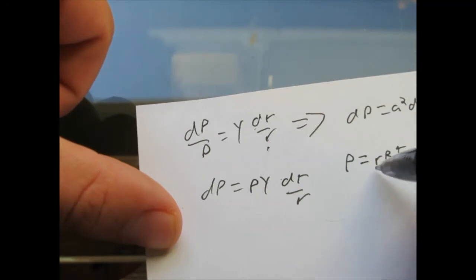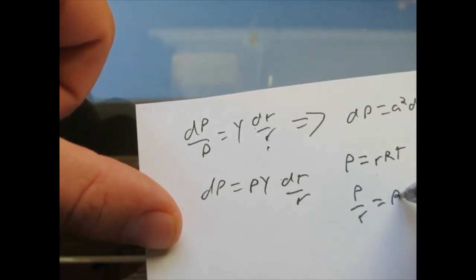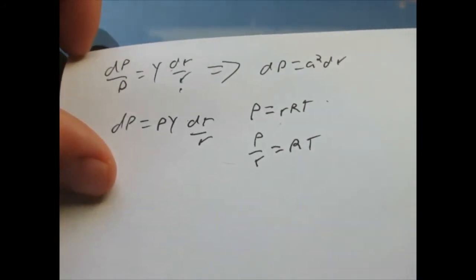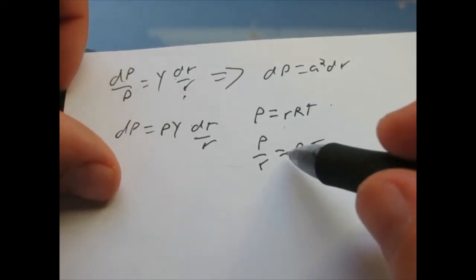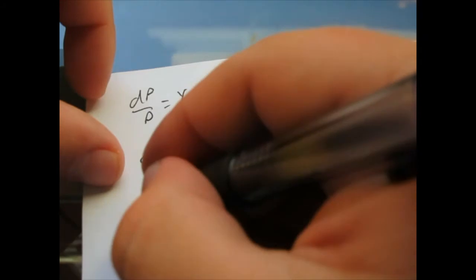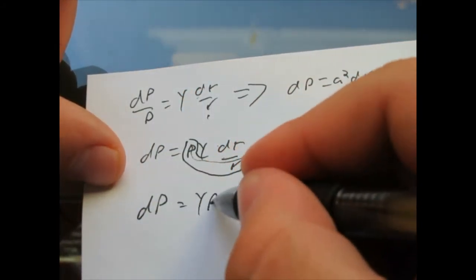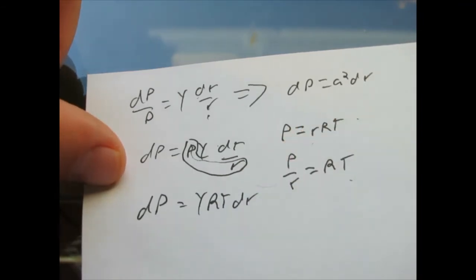We're going to divide by the density, so pressure divided by density equals R times T. Then we're going to plug that in, taking this P over rho. Okay, plug that in. With delta pressure equals gamma RT d rho.